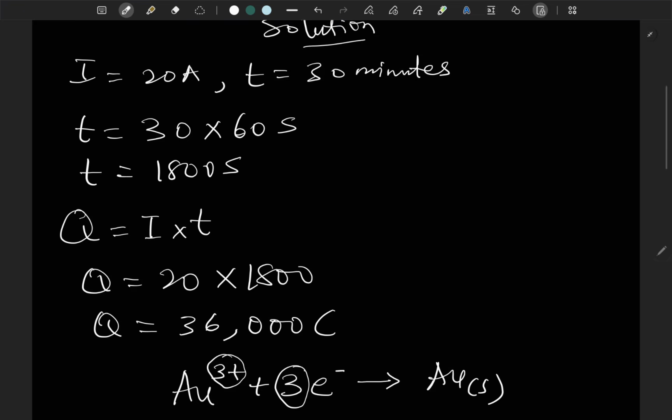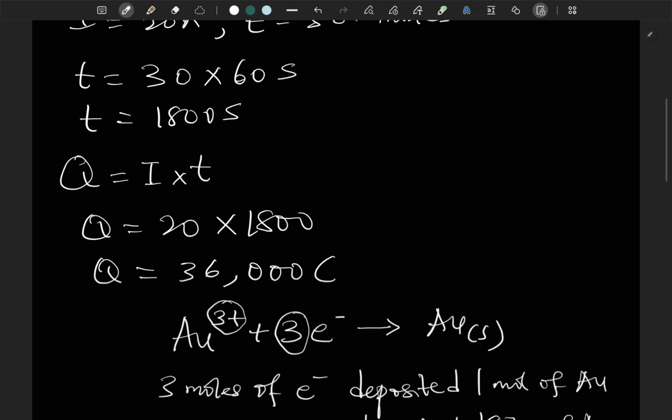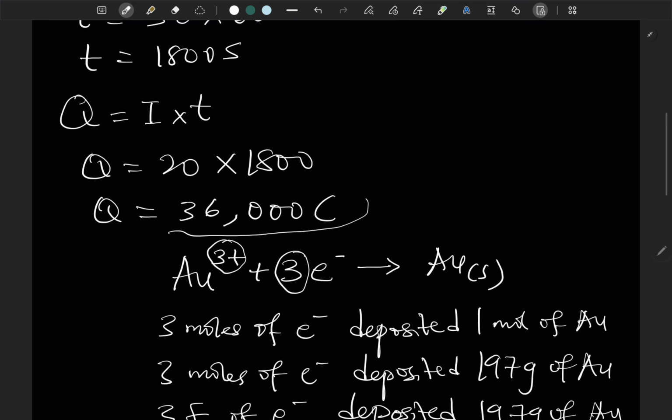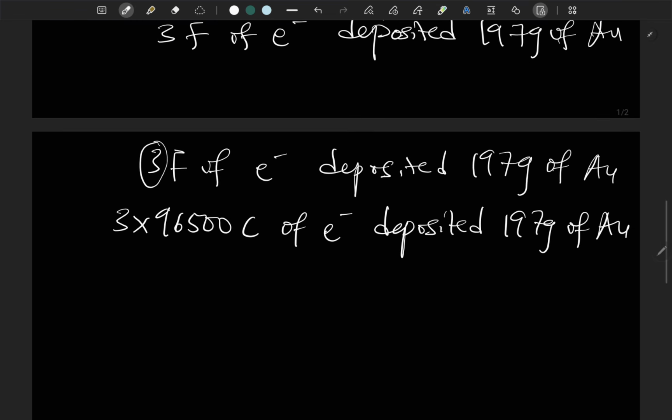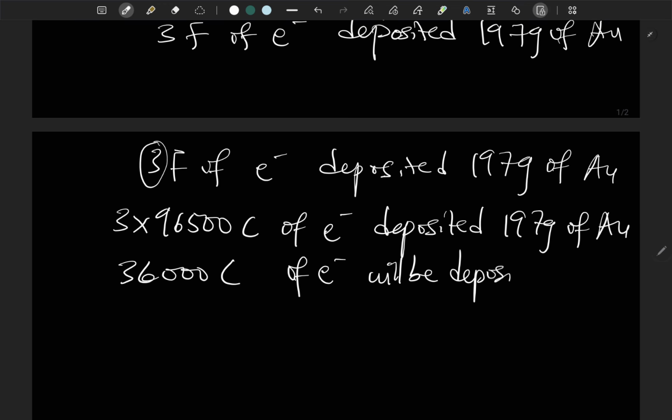Now we want to calculate how many grams of gold will be deposited by these 36,000 coulombs of electricity. So 36,000 coulombs of electricity will deposit, let's say, X grams of gold.